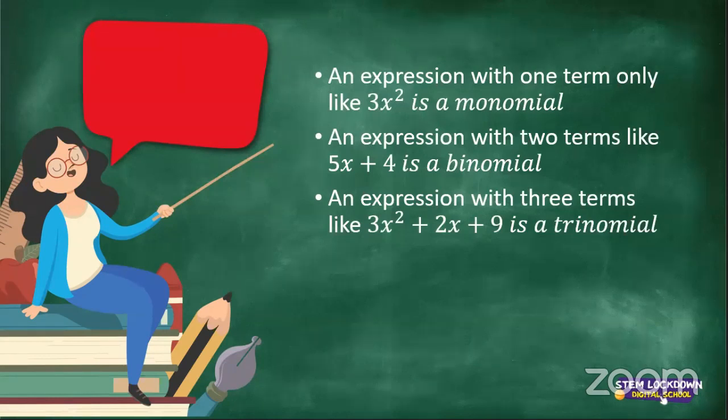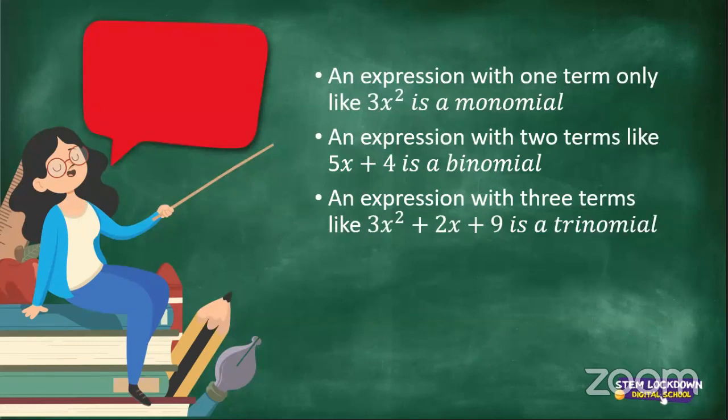Mono meaning one. And the second one, an expression with two terms, like 5x plus 4, is a binomial. It's a binomial because it has got two terms. That is what we mean by an expression which has got two terms.